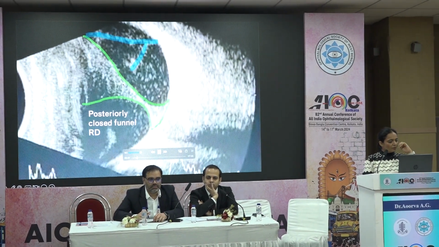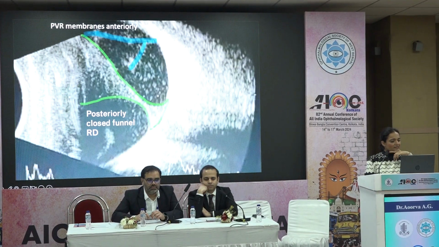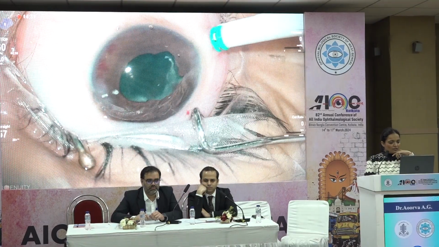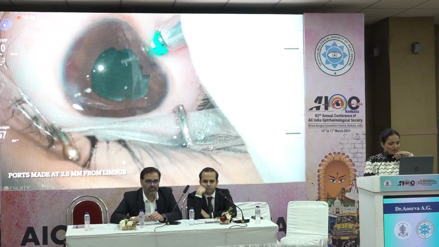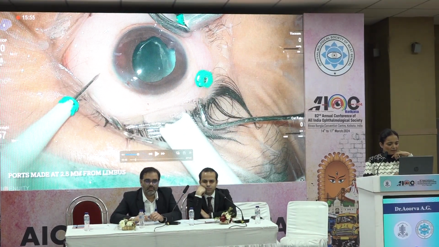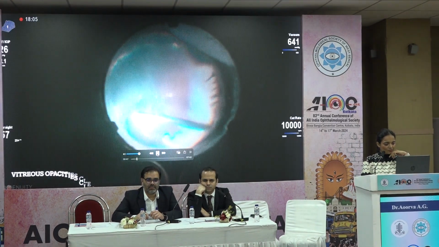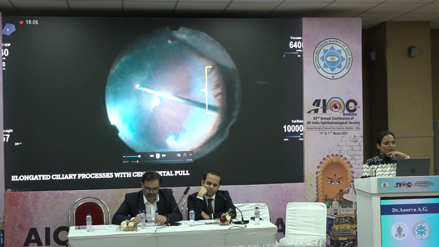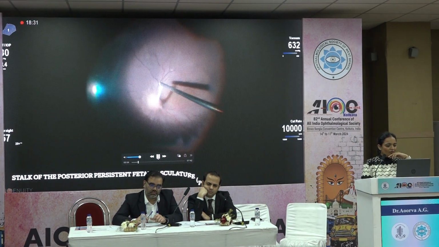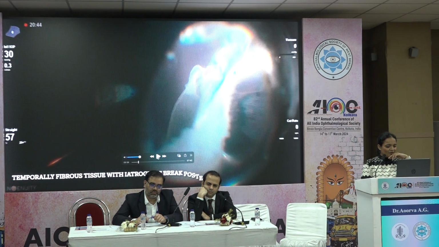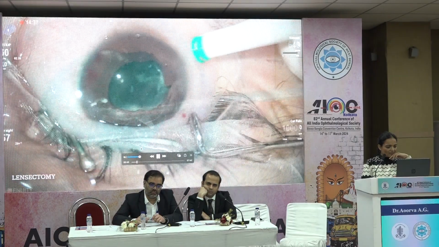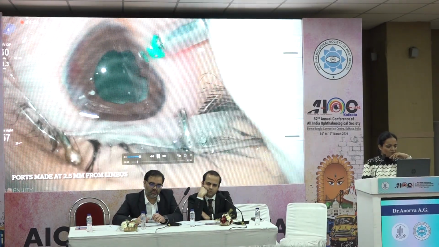So in all fairness, I went in thinking it is a posteriorly closed funnel RD, removed the lens and put the trocar at the infusion site at 2 to 2.5 mm, not very posterior. When I went inside, I was pleasantly surprised and also horrified at the same moment, because it was a PFV case, a posterior persistent fetal vasculature.